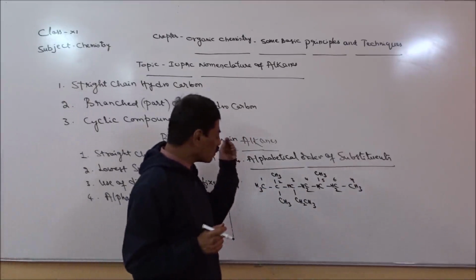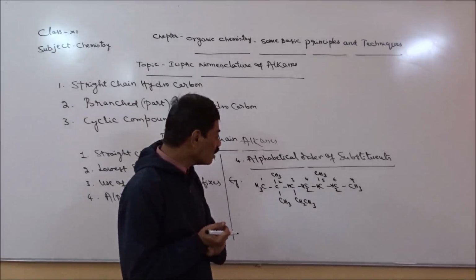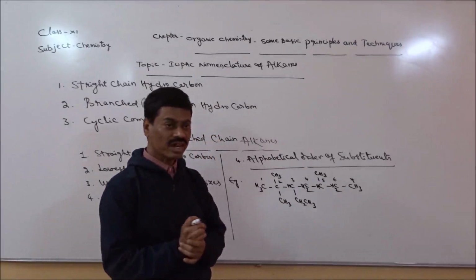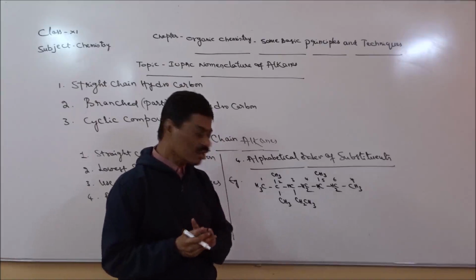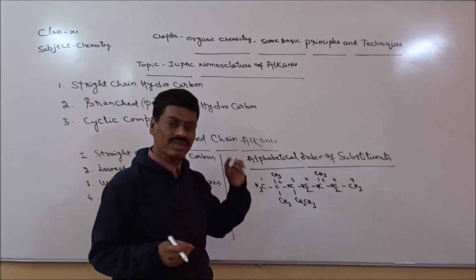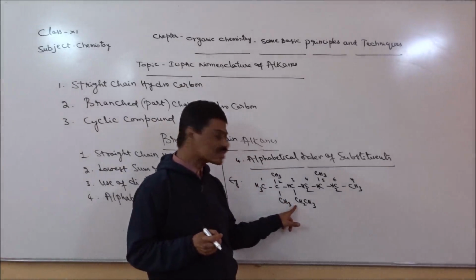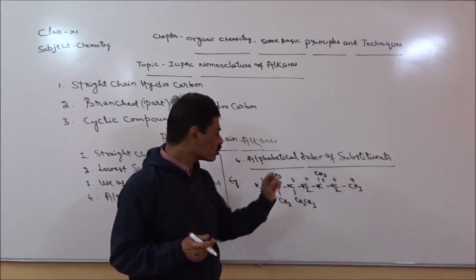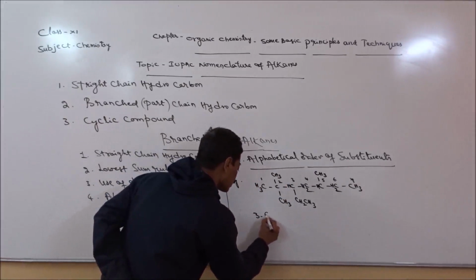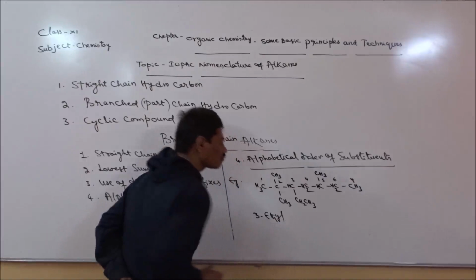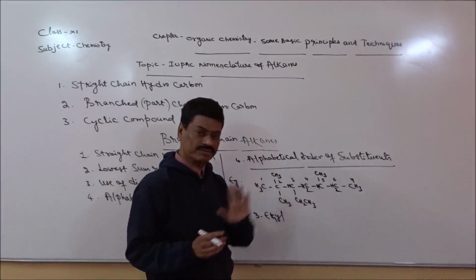Now, see the substituents: 1, 2, 3, 4. 4 substituents are there. Among them, 3 substituents are the same, right? And the 4th substituent is ethyl. So, according to alphabetical order, the ethyl name will come first because the first letter of ethyl is E and the first letter of methyl is M. So the name of this compound will begin with 3-ethyl. Now, the methyl groups are at positions 2 and 5.